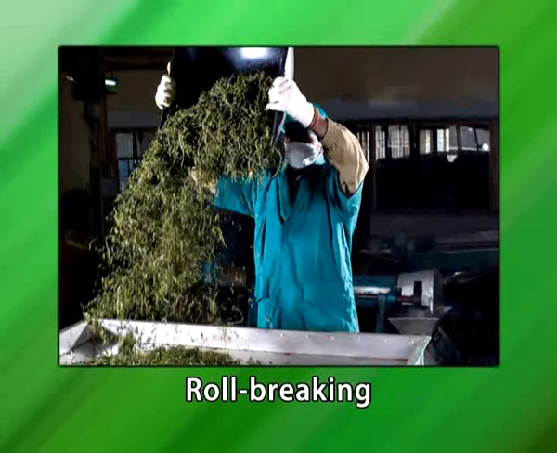In order to segregate the twisted leaves from the untwisted ones and also to minimize the heat buildup, the rolled leaves are passed over a roll breaker. The roll breaker consists of a sloping table having fine meshes which move backwards and forwards at a very high speed.